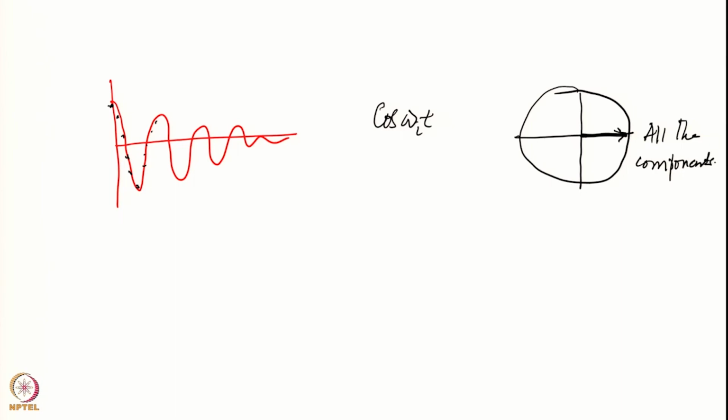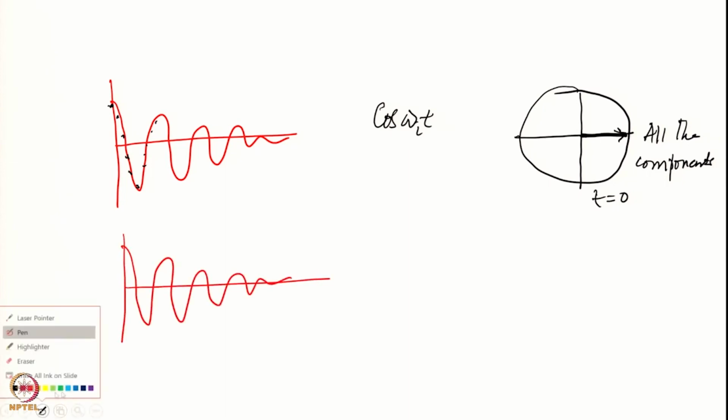But instead suppose I do not start collecting the data from time t equal to 0. This is my FID, but I do not start collecting the data from the first point, but I start collecting from here. Okay, I give some delay for various practical reasons, I do not collect this.